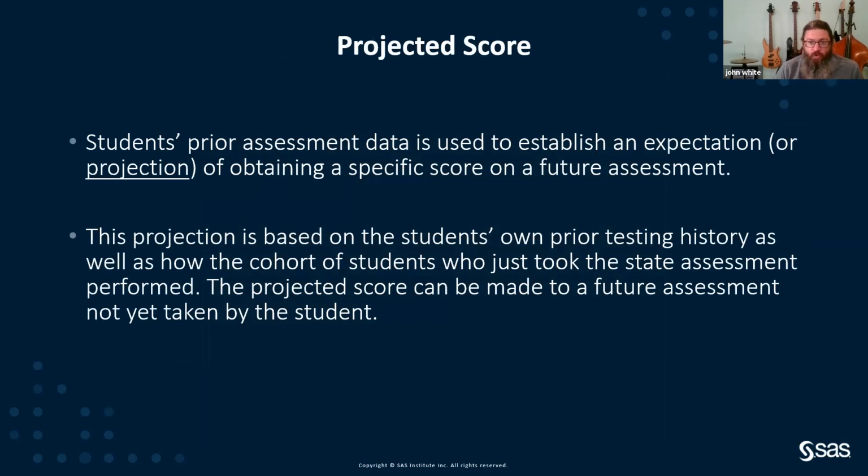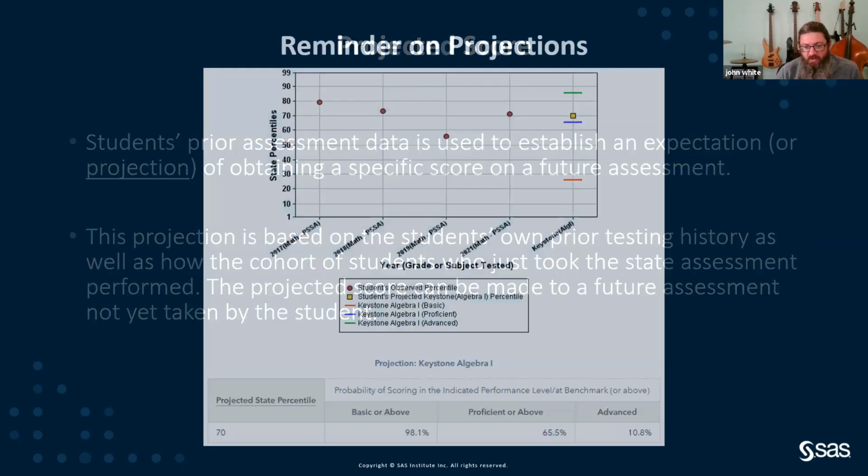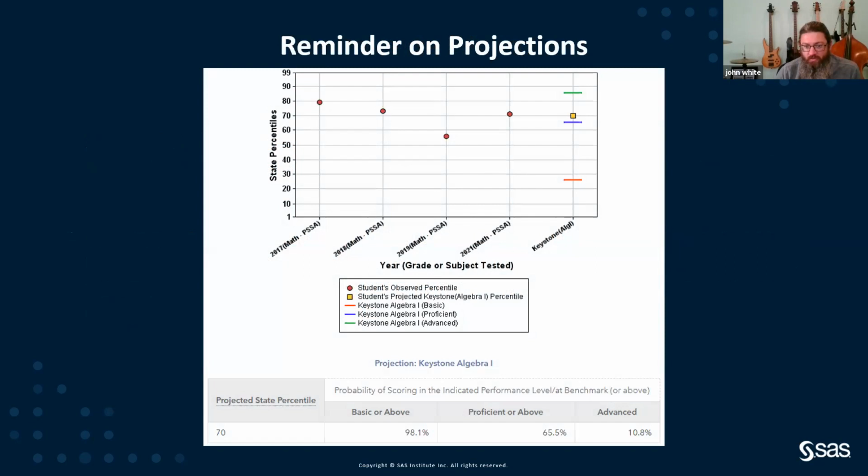So one thing, just to get out there, that's a little bit different than maybe what you're familiar with on the web reporting. In the web reporting, we're typically presenting this information in terms of a probability of success, or probability that the student is going to achieve a certain performance level or higher, such as that 65% chance.